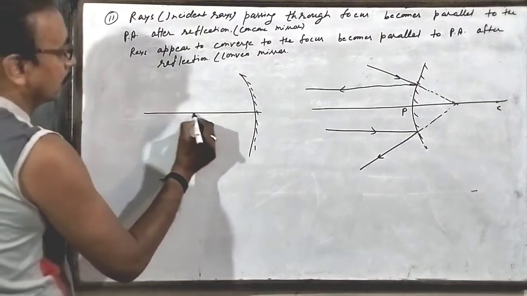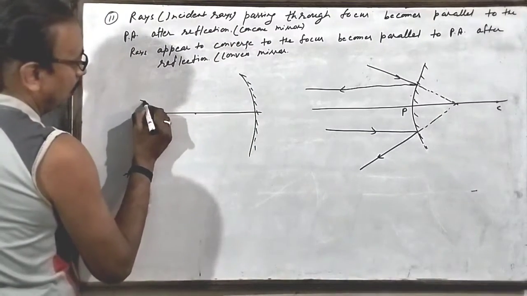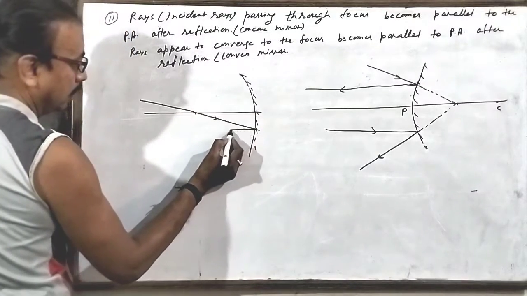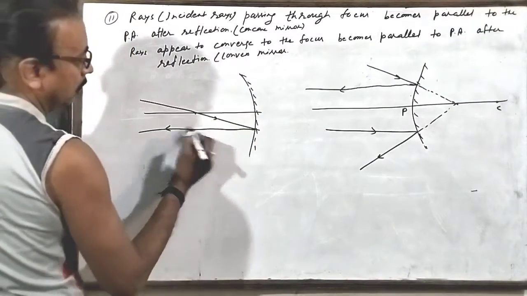And in this case, the incident ray passing through the focus becomes parallel to the principal axis after reflection.